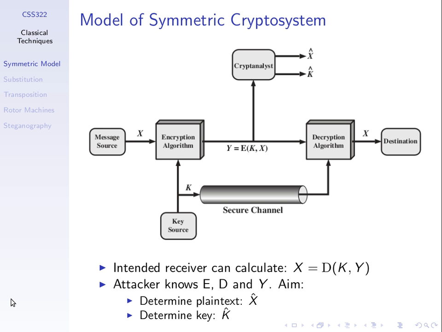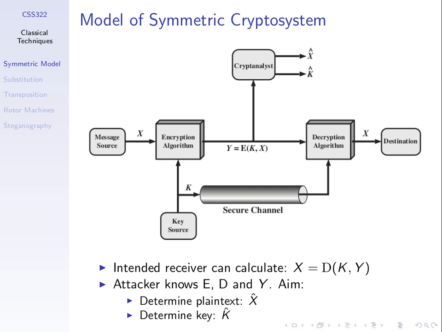Here's the same system, but in perhaps a more mathematical formulation of our symmetric key encryption. And we'll see that often we'll use this notation when we write down the operations being performed. We have our message source, the source that wants to send a message, some message X. X is the plaintext. We have a key source, the key K. That key needs to be known by the source and destination.